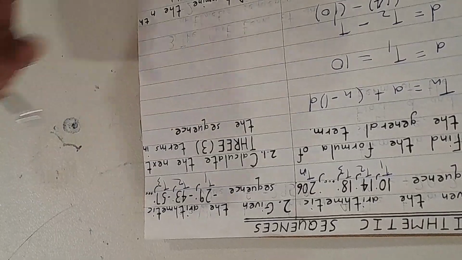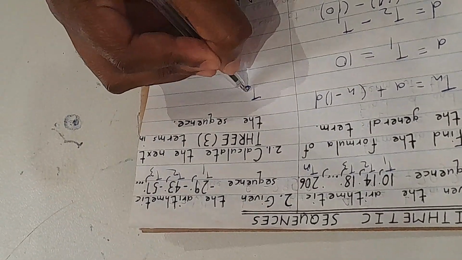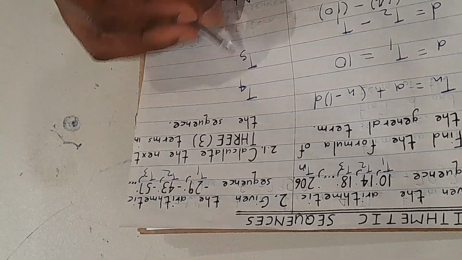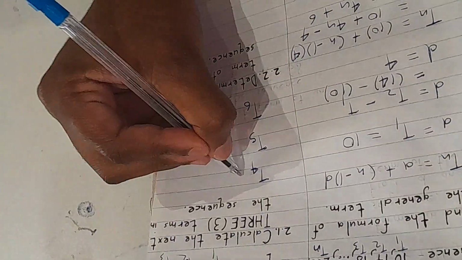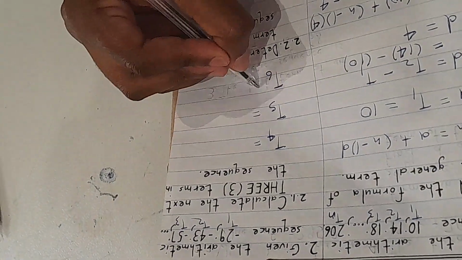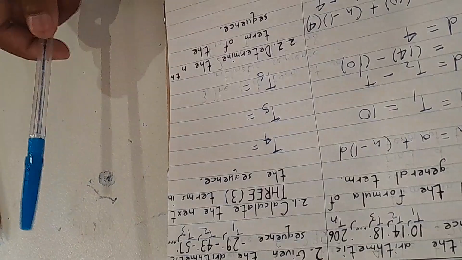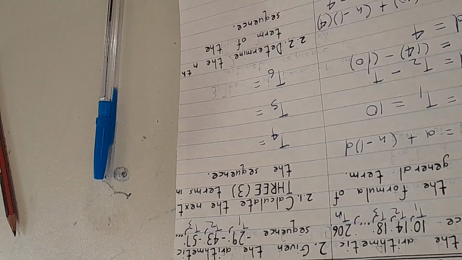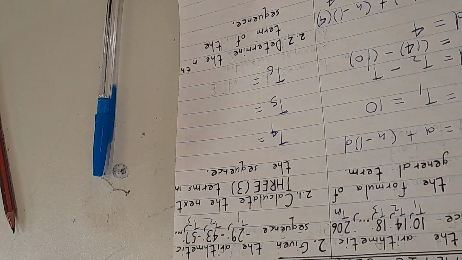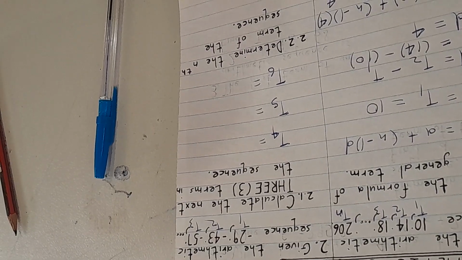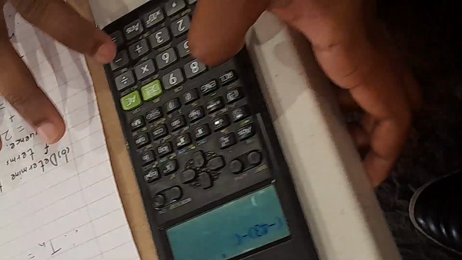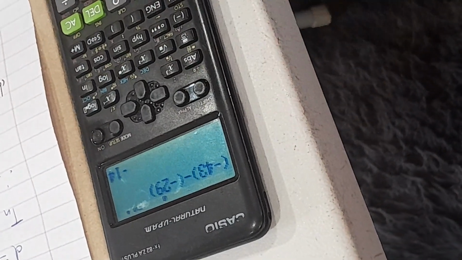So the next 3 terms are T4, T5, and T6. We are given that it's an arithmetic sequence. So as always, you just have to find D, which is T2, negative 43, minus T1, negative 29. So we know D is negative 14.